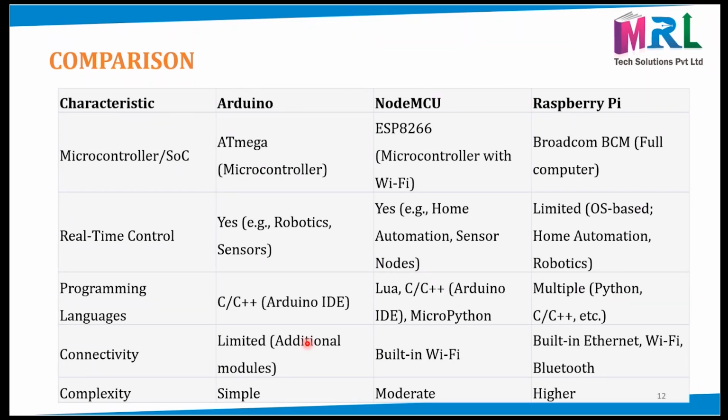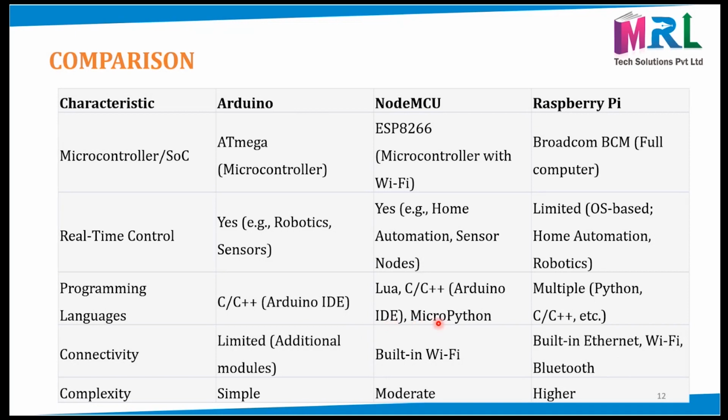To control that device through Bluetooth, we need to add one more module. In NodeMCU, built-in Wi-Fi is there, so we can program through Wi-Fi. In the case of Raspberry Pi, we can program or control it through Wi-Fi and Bluetooth. The Raspberry Pi has more advantages compared to other embedded development kits.